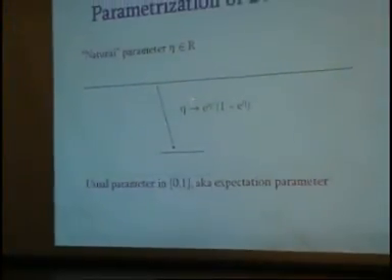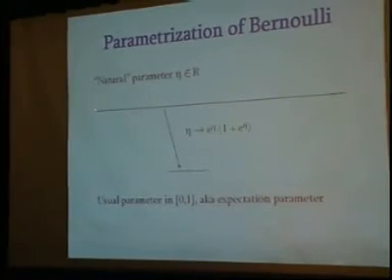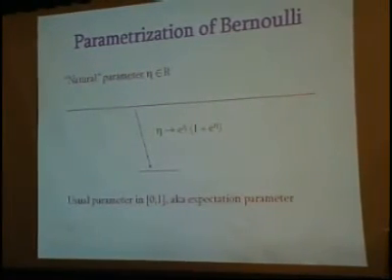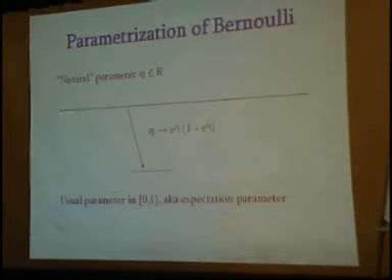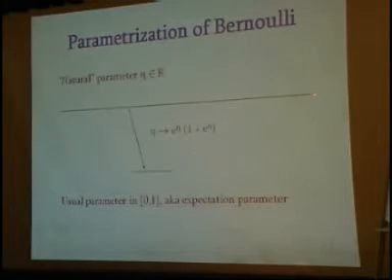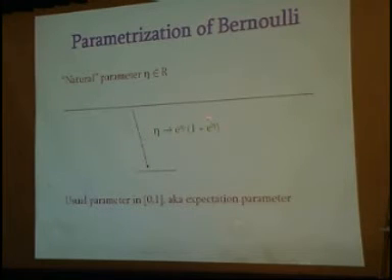Okay, and so if you look at the thing over here, the natural parameters lie in the range from minus infinity to plus infinity. And minus infinity corresponds to a coin with bias 0. Plus infinity corresponds to a coin with bias 1. Okay? And there's this mapping from these natural parameters to the parameters we are more used to, the actual bias of the coin.